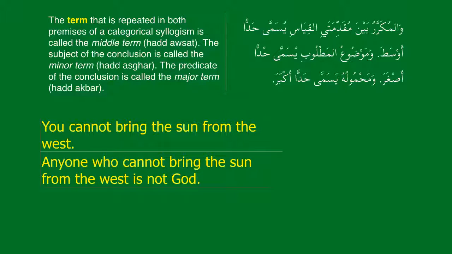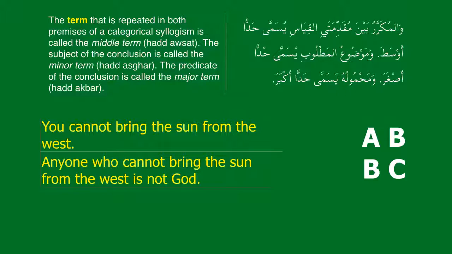This is what we began this lesson with, and we've already seen that the abstract form of this argument is AB, BC. So the term that is repeated in both of these premises, so what is a premise? What's the difference between a premise and a proposition? A proposition is a statement that can be true or false. We had several lessons about the various kinds of propositions.